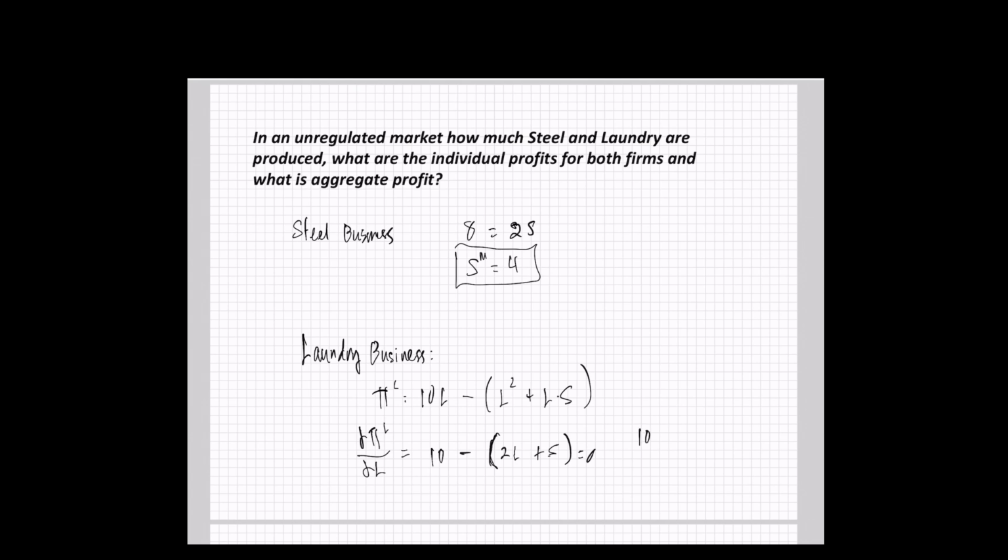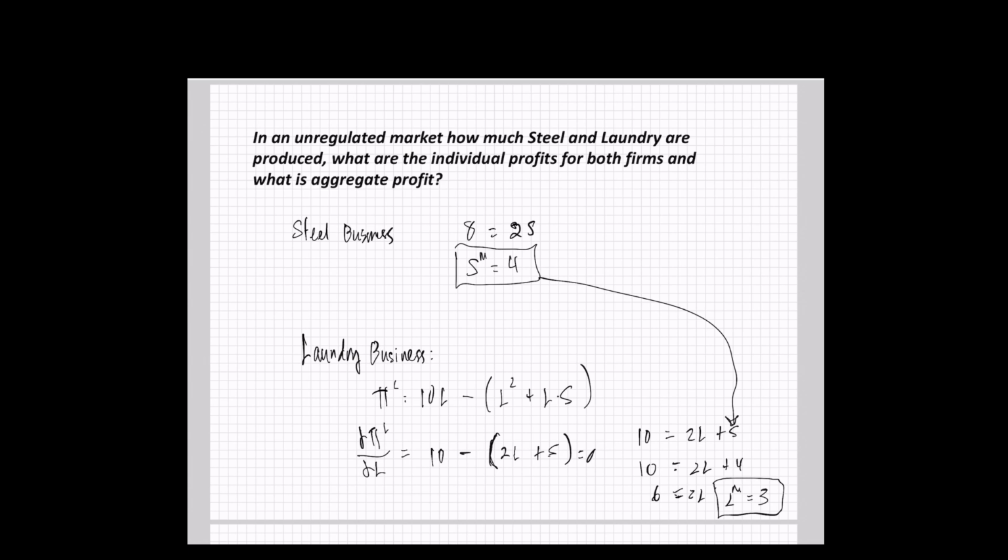So we have 10 equals 2L plus S, 10 equals 2L plus 4, right? Which is 6 equals 2L, and L market is 3.